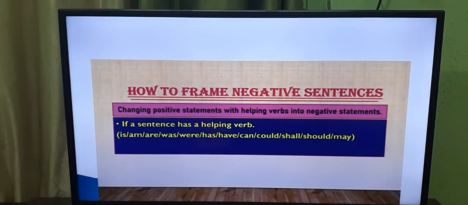If a sentence has a helping verb like am, are, was, were, has, have, can, could, shall, should, may, might. Now, first of all, we need to discuss what a helping verb is.